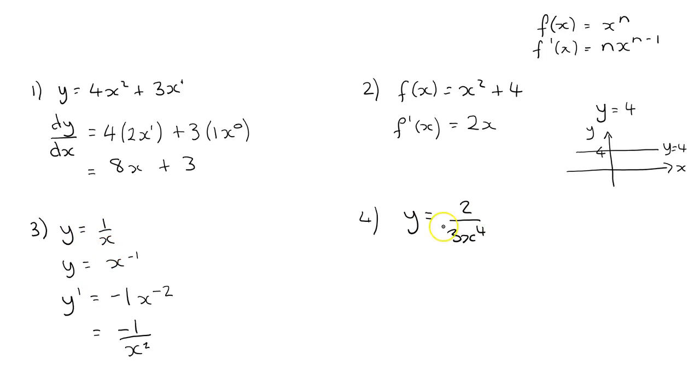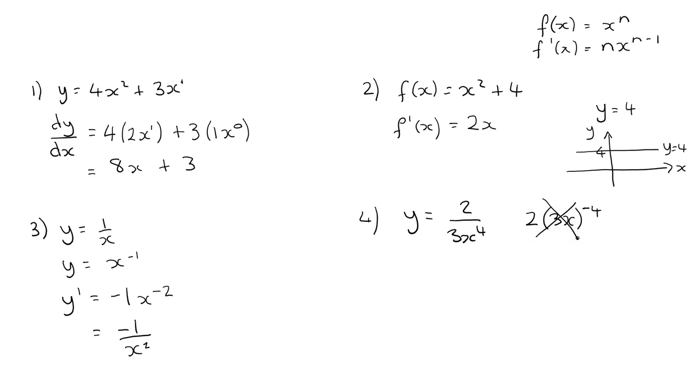For our last question here, again, we've got x as the denominator, which we need to bring up onto the numerator. Now, I know a number of people would rewrite this as 2 times 3x in a bracket to the minus 4. Now, that is incorrect because the 4 is only acting on the x, not the 3 as well.